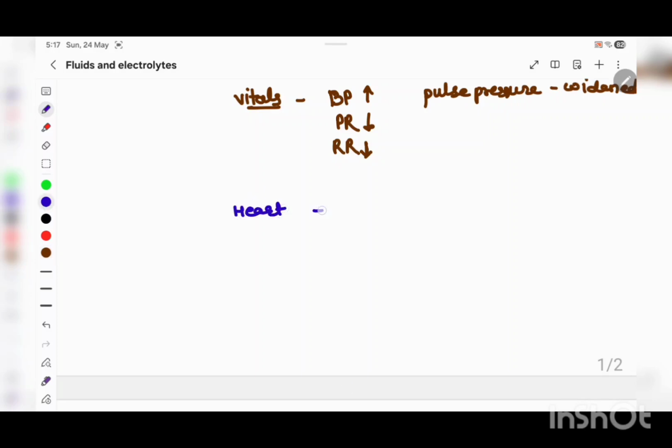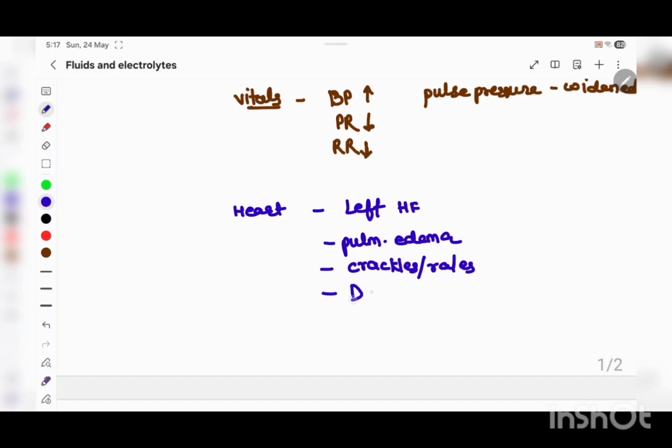Next, we'll be seeing in heart, if there will be congestive heart failure, if left side of heart failure, how we can identify. So there can be pulmonary edema, and there can be chances of crackles or rales. These are the lung sounds when we will be listening in left side heart failure.